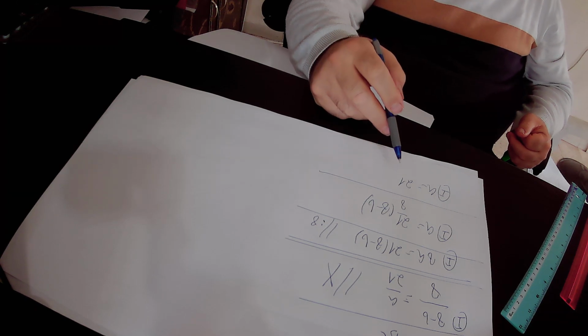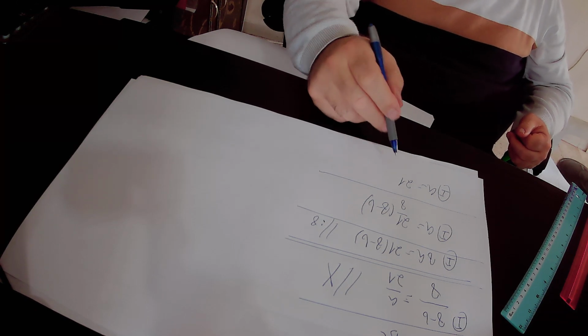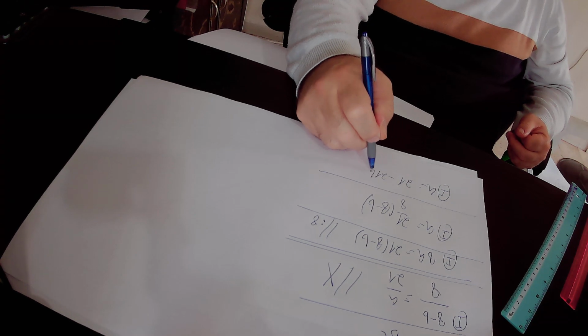And here 21 over 8 times minus B equals minus 21B over 8.